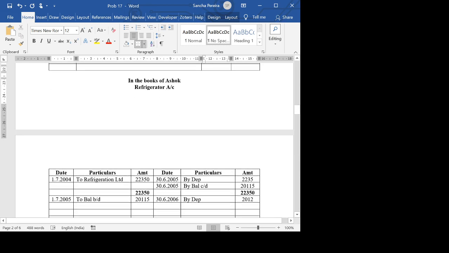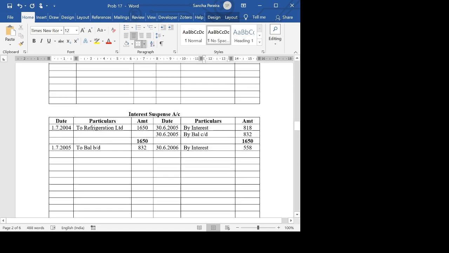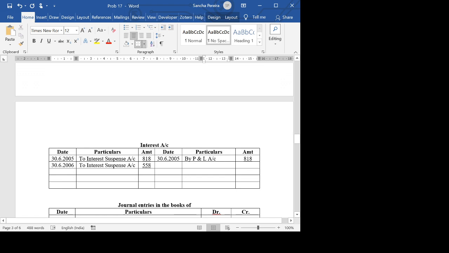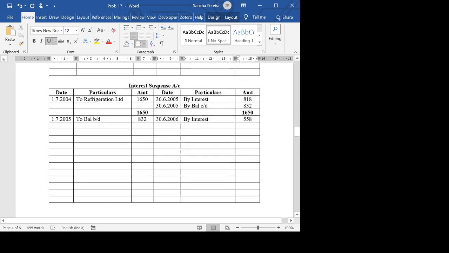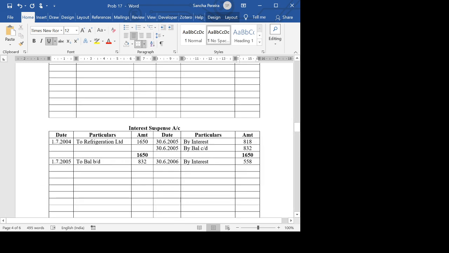Okay. Same thing now, since we have said profit and loss account debit to interest, in the interest account we're going to have this, by P&L account 558. So this closes automatically. We need to close this. Okay. So here, till the end you will have a balance carried down.